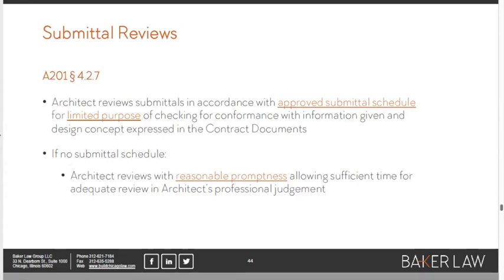And if an architect is smart enough to understand that this is a requirement, they can say to the contractor, I'm not reviewing any submittals until we agree on the schedule. It's generally not something that every architect thinks about doing.